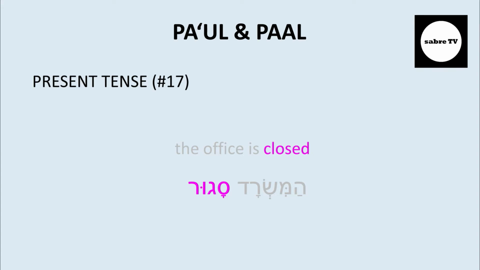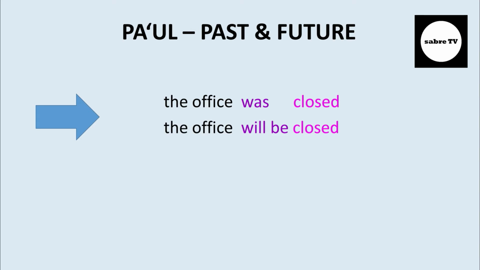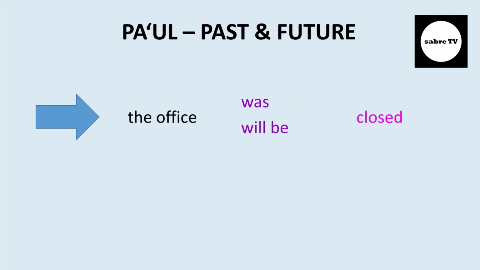Closed means סגור. Now we go to the office was closed and the office will be closed. And to make sure you're not falling into panic, look at what you already know. The office you know and closed you know. And we are gonna now look at was and will be.